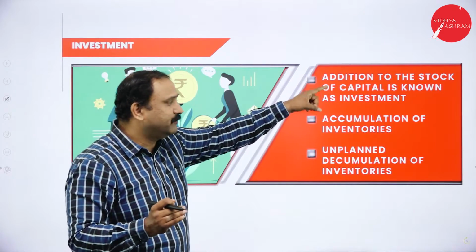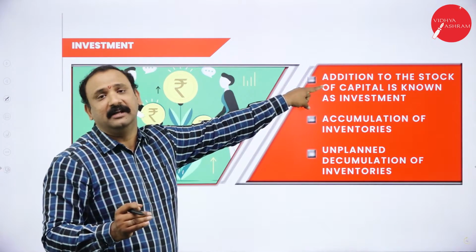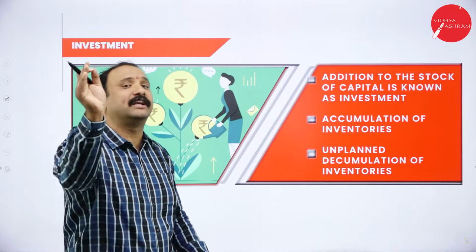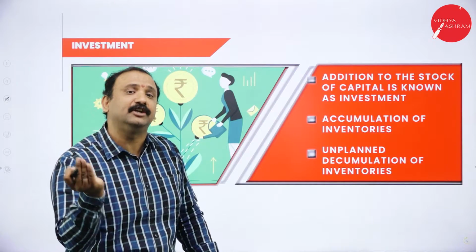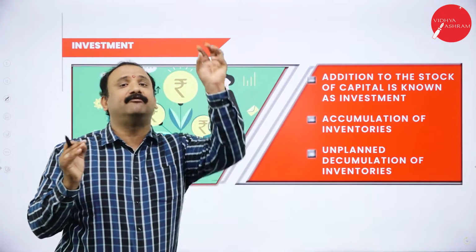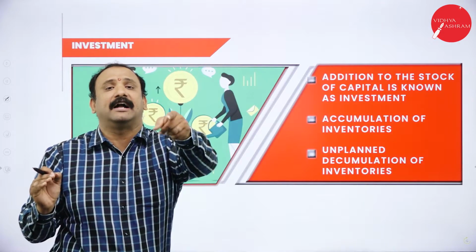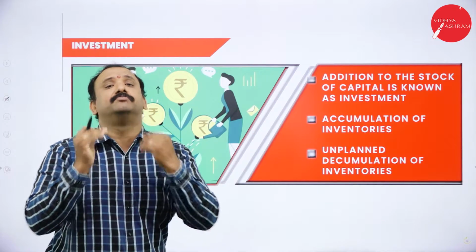That is why it is very, very important here. Addition to the stock of the capital. We are not just adding to the capital, we are adding to the stock of the capital. So there is a stock, you further add value to that stock. You are going to invest money into the stock factor. So that is what investment is all about.